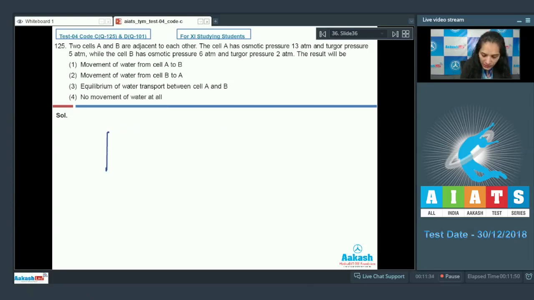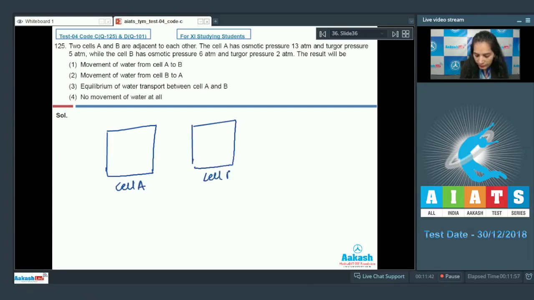Here in the question, two cells are given. We can consider here it is a cell A and this is the cell B. In cell A, the osmotic pressure OP is 13 atm and the turgor pressure is 5 atm, whereas in cell B the OP is 6 atm and TP is 2 atm.